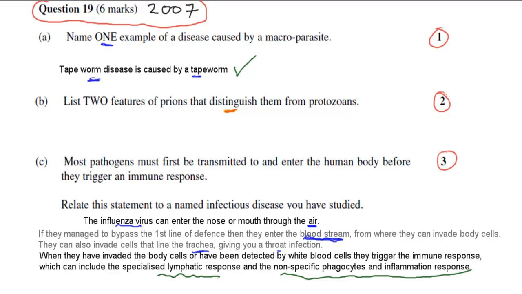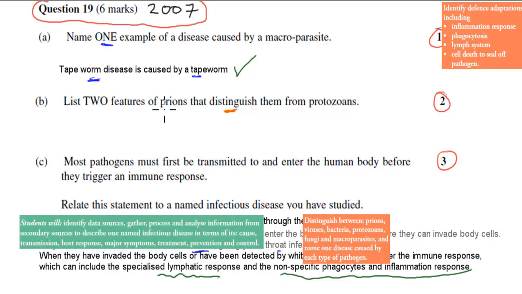So where did these questions come from? They came from these syllabus dot points. So the top one, name one disease caused by a macroparasite, came from this one. We've got the macroparasites here, and then we have the type of disease caused by this pathogen, right? The second one, 2 features that distinguish prions from protozoa, came from the same dot point. We've got distinguish between prions and protozoa, so this is asking us to be able to tell the difference between the 2.